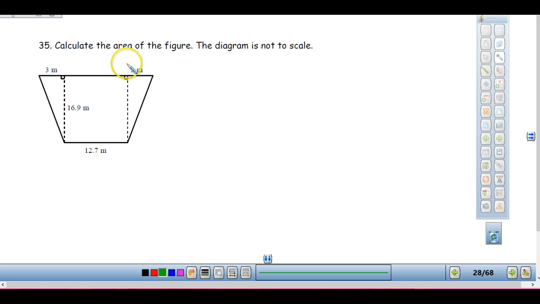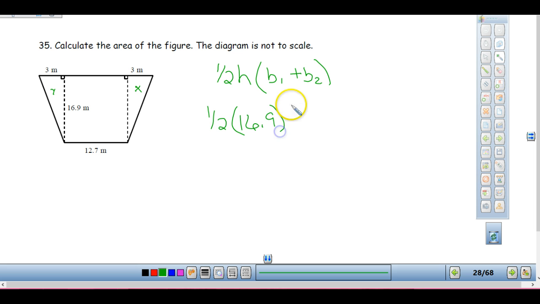Okay, area of a trapezoid, that's what this is. So yes, some of you, I'm sure, went triangle here, rectangle here, which is definitely something you can do, but the faster way is going to go 1/2 times height multiplied by base 1 plus base 2. So you've got 1/2 times 16.9.